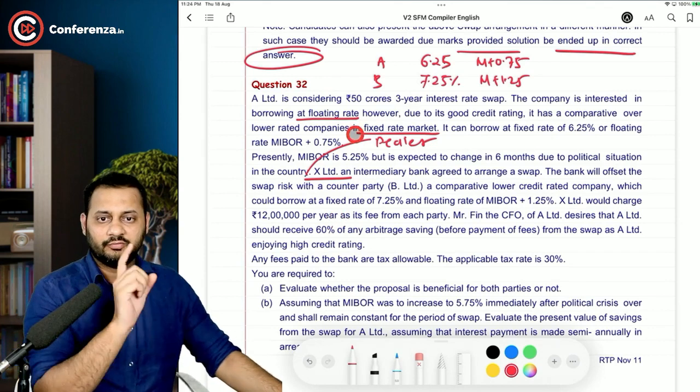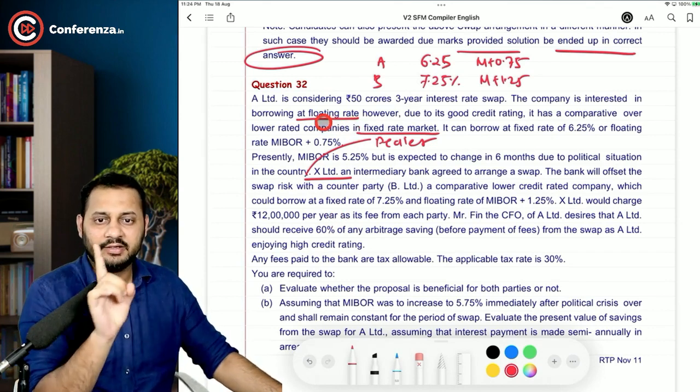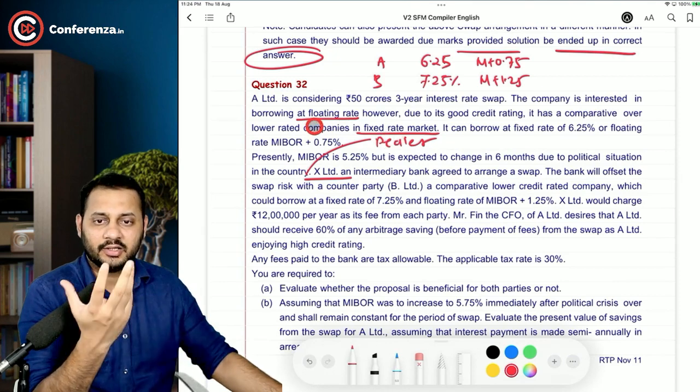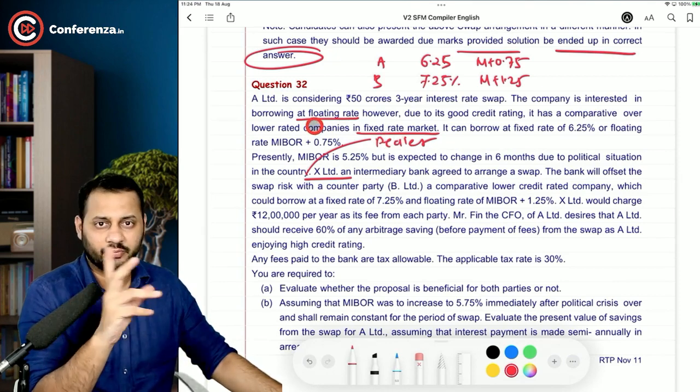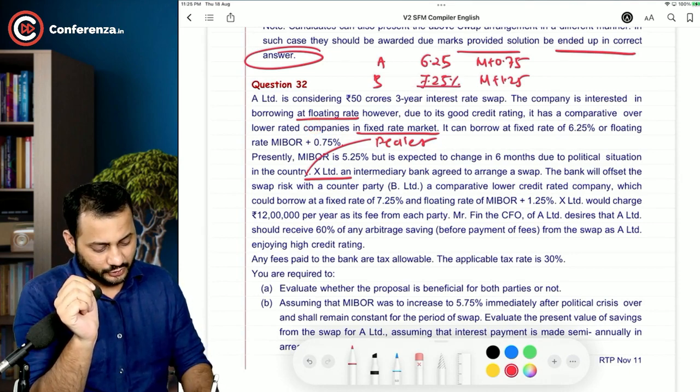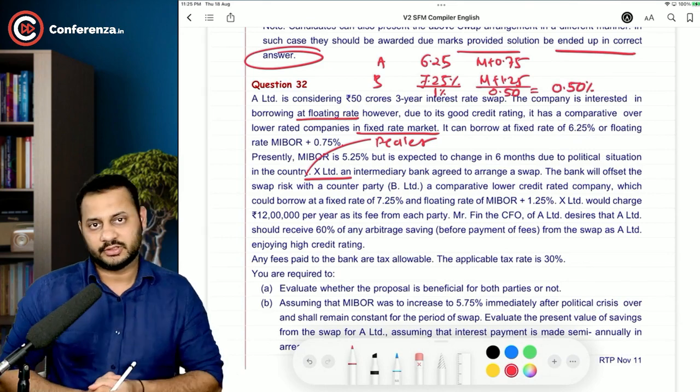So first of all, the first condition is fulfilled, that the comparative advantage market and the market in which we want to borrow the money should be different. Then let's take the difference between fixed rate, which comes to 1% in this case, and the difference between floating rate comes to 0.50%. So the total swap gain that is possible is 0.50%.